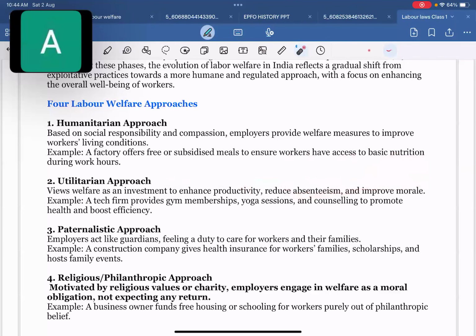Google provides them, and now we are talking about SpaceX. They also provide such gym membership, yoga sessions, and counseling. They also give rooms to take a nap after the lunch hour, at least for 30 minutes. Okay.